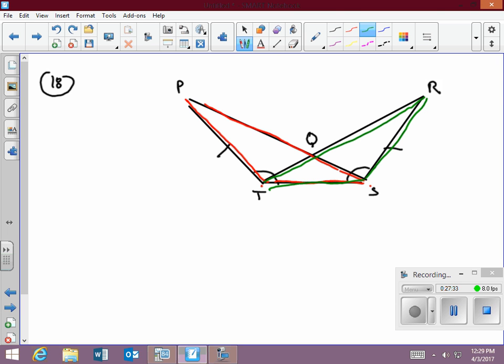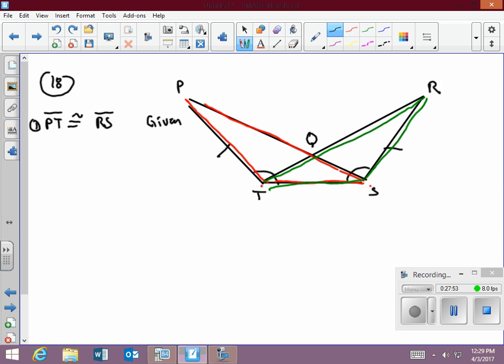You can prove congruency by saying that number one, PT is congruent to RS, and that's given.